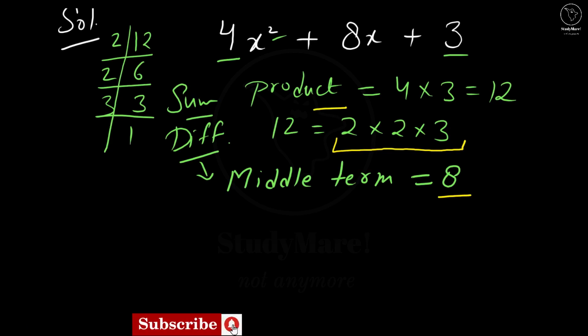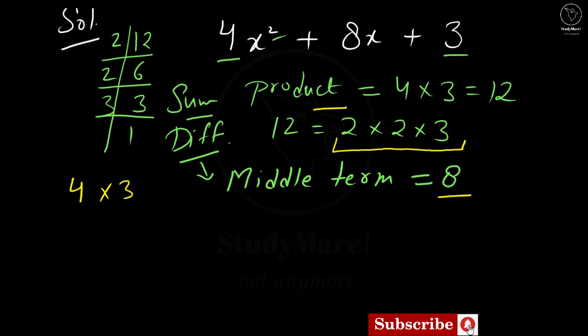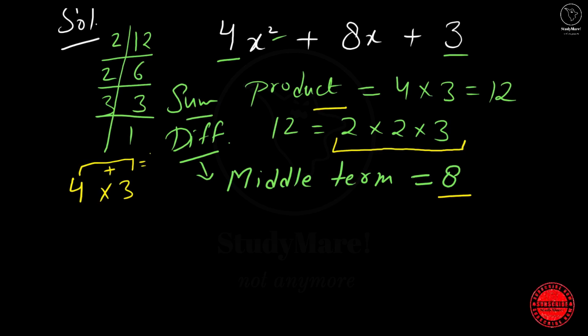So if we rearrange 2 into 2, 4 into 3, so 4 plus 3 will give us 7, and 4 minus 3 will give us 1, which is not equal to 8. That means this pairing is not going to work.